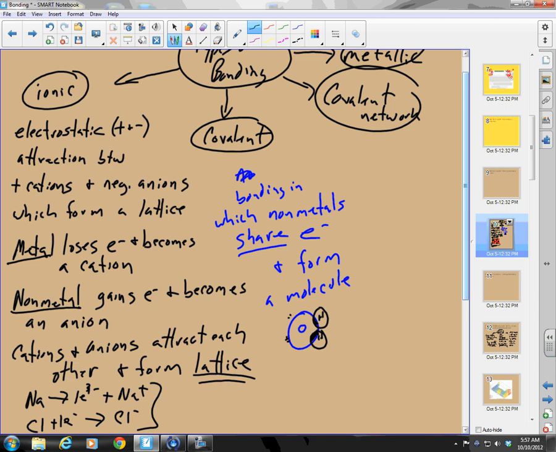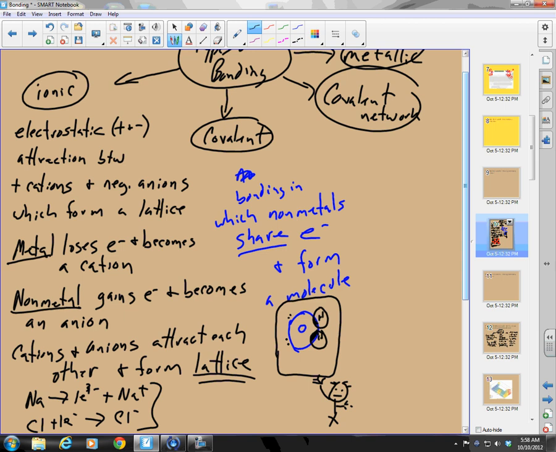Okay, good. So that is water. Now notice it is not a lattice. It is just one piece that, if I had little tiny hands and little tiny feet and little tiny eyes, I could actually pick up this piece and hold it in my hand. Whereas if I tried to pick up the lattice, it'd be like a whole bunch of Na pluses and Cl minuses.